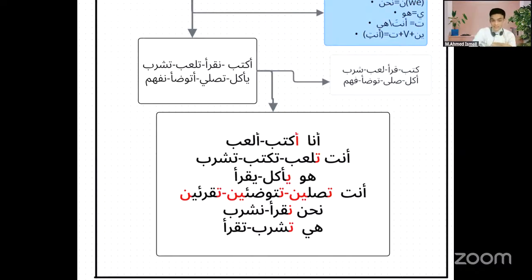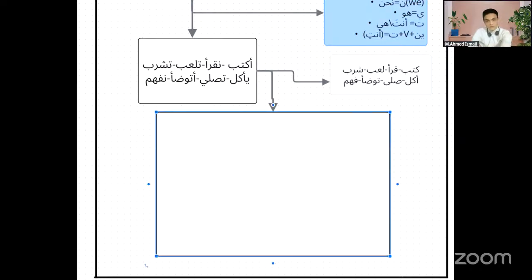And أنت, look at that. Let me write the كسرة here to make it clear. أنت تصلين, أنت تتوضئين, أنت تقرأين. With أنت, you add the ta at the beginning, then the فعل, and then the ya and nun at the end.